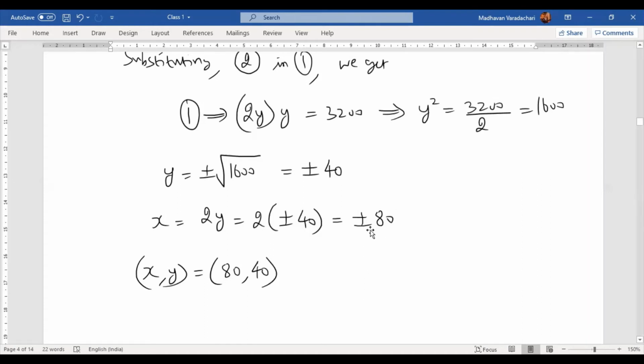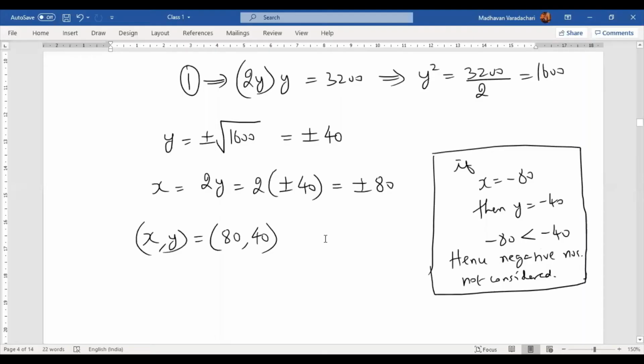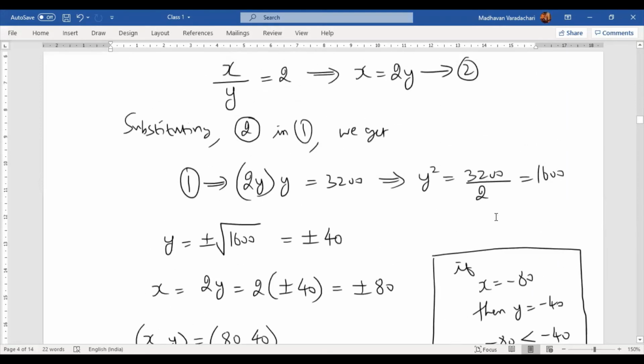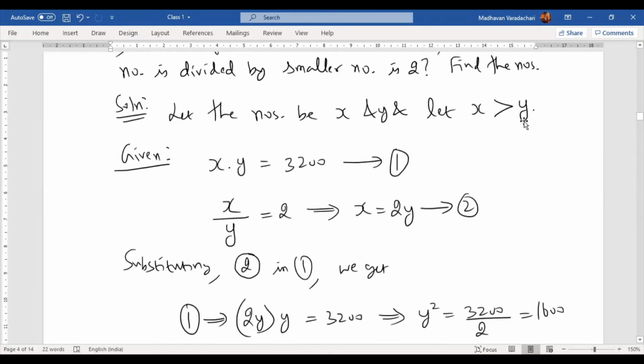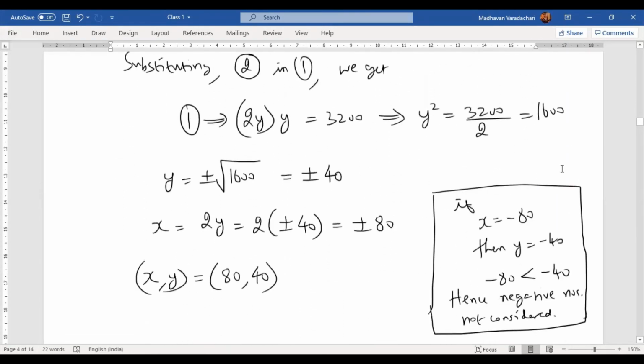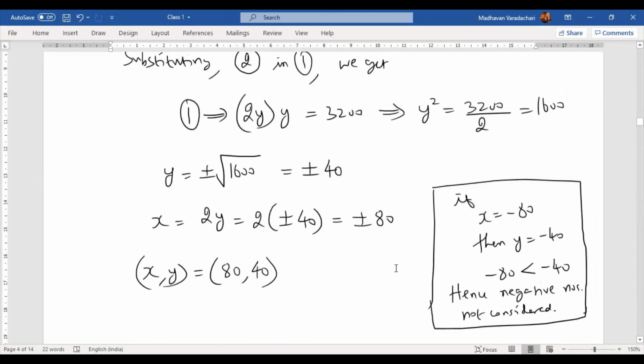Now, whether negative is possible? Negative numbers cannot be considered because of this reason. If I consider x as negative 80 and y as negative 40, then definitely negative 80 is lesser than negative 40, not larger than. Whereas the condition should be x should be larger than y. That is not satisfied. That is why here you are considering only positive numbers.